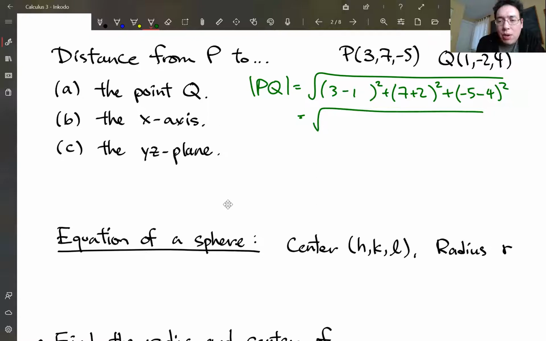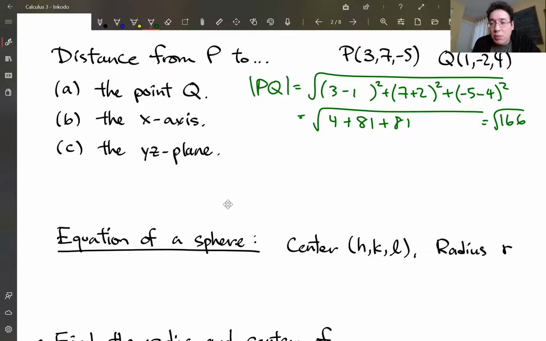Let's see, so that's 2 squared, 4, plus 9 squared, 81, plus -9 squared, so that's another 81. So square root of 4 plus 81 plus 81. So that's not a clean number. Square root of 166 or 12.88. I'm just going to leave it as the exact solution here. What's a little bit more difficult is the other 2 problems.